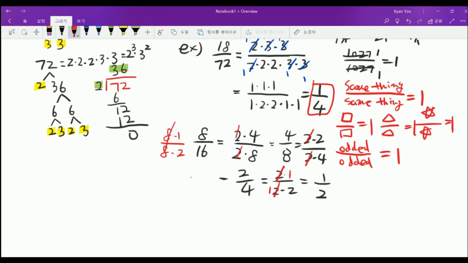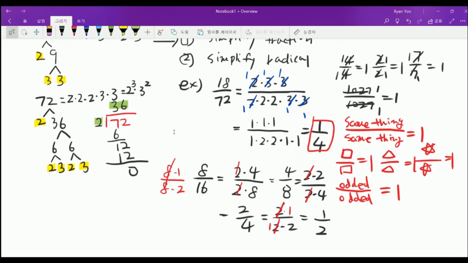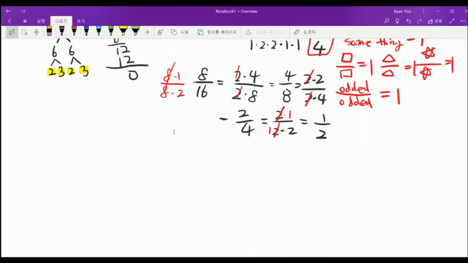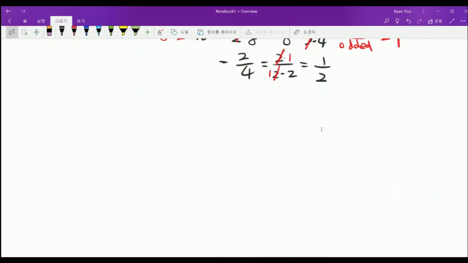And another one, number 2, is simplify radical. Notation of radical is something like this. So radical, when you go to high school, we've been doing square root all this time up to the junior high.